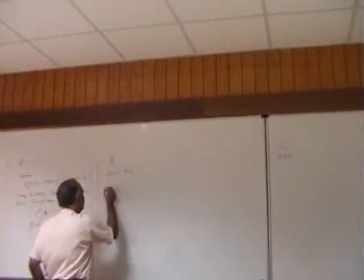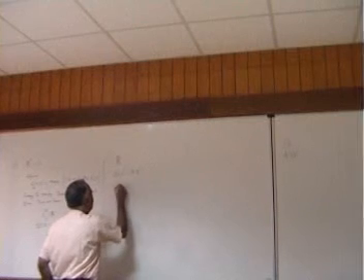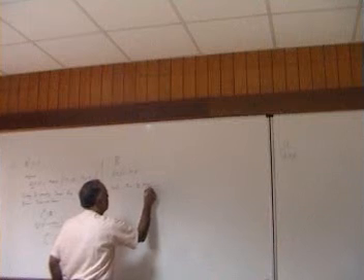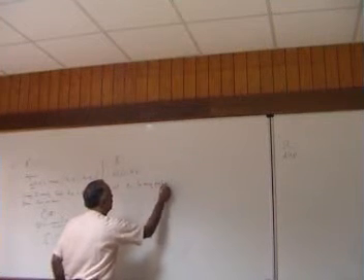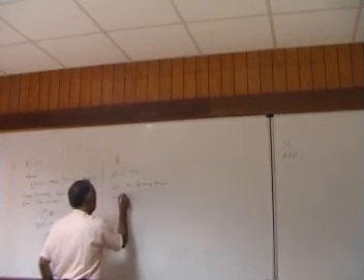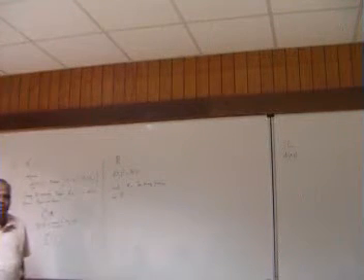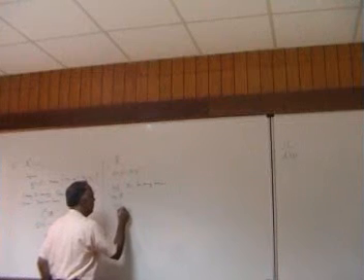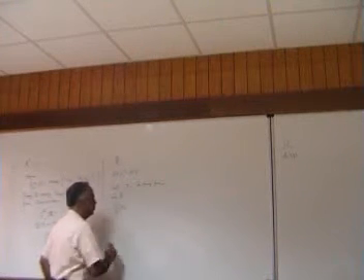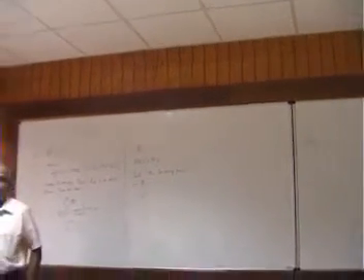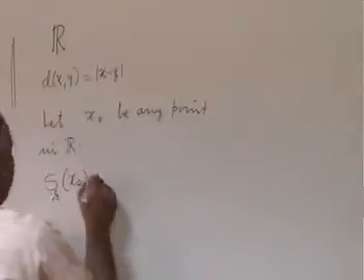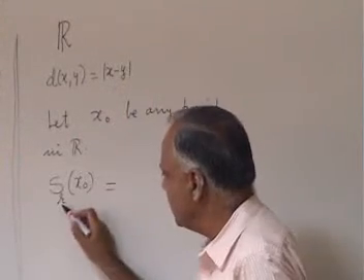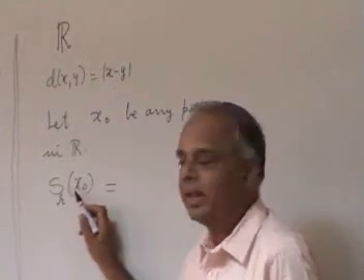So suppose x naught is any point in R. We will call S(x naught, r) the circle, that is, all those points which are at a fixed distance r from the center x naught.